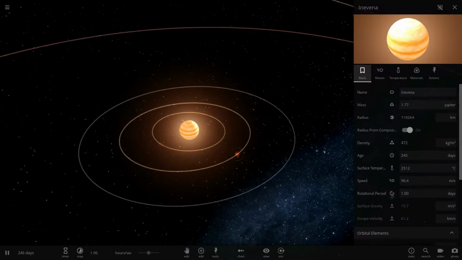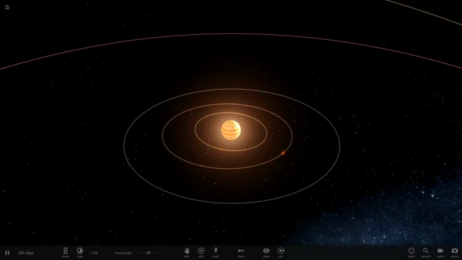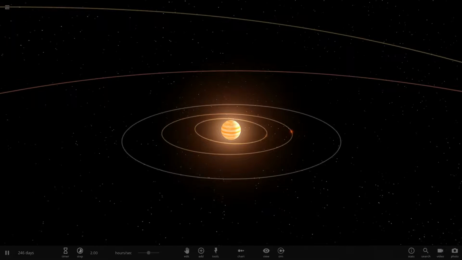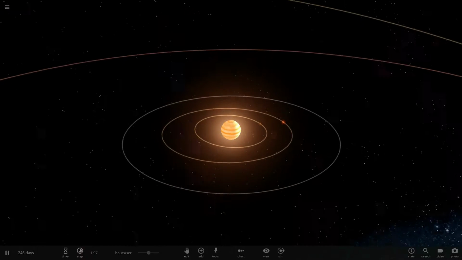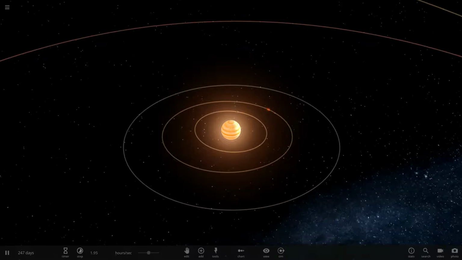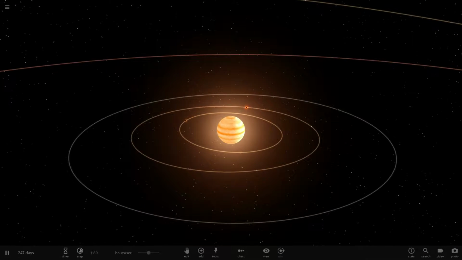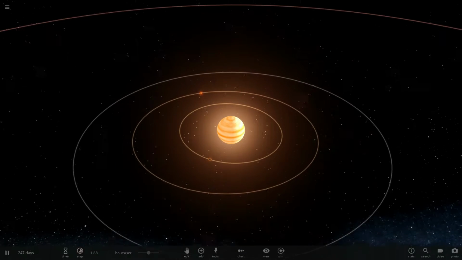So this is really hot. What this does is, not only does it pump out radiation and make a radiation ring around here, but it actually makes a habitable zone around the brown dwarf.